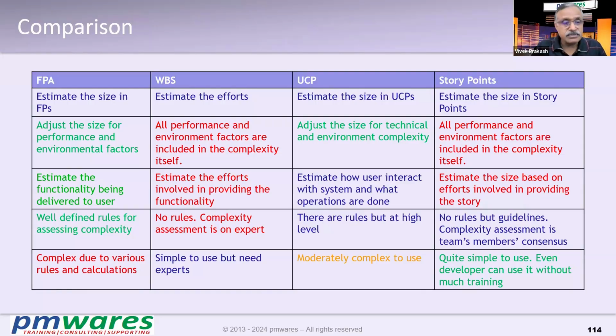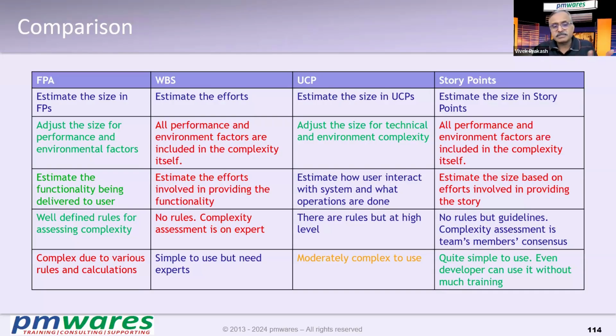FPA has well-defined rules for assigning complexity, which is not there in WBS, largely expert judgment, and story point is fully expert judgment. But because of these defined rules and regulations, FPA turns out to be more complex to understand, right?